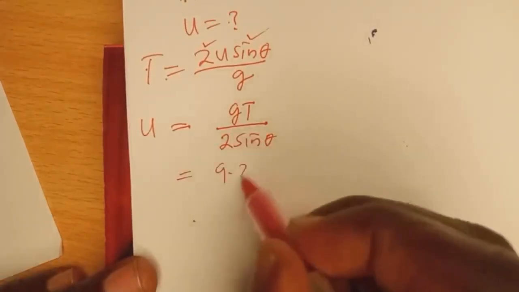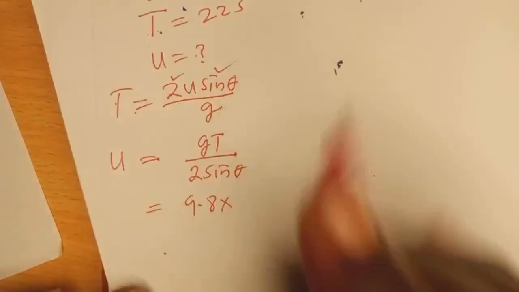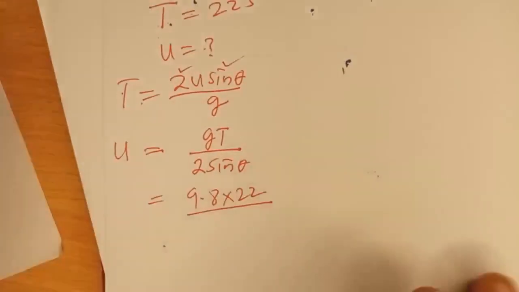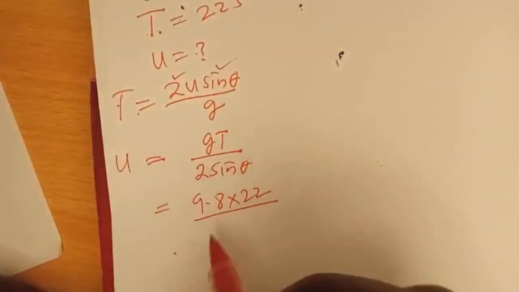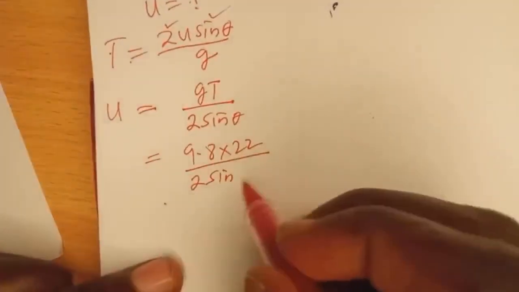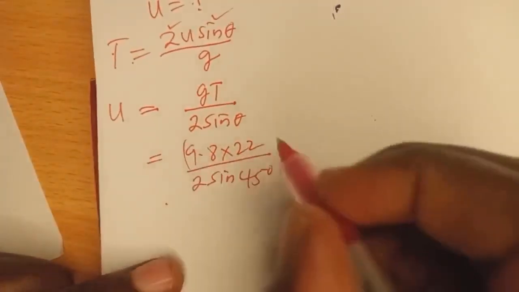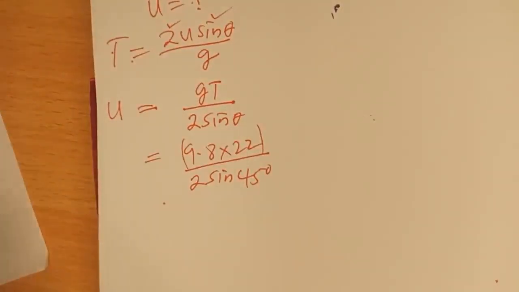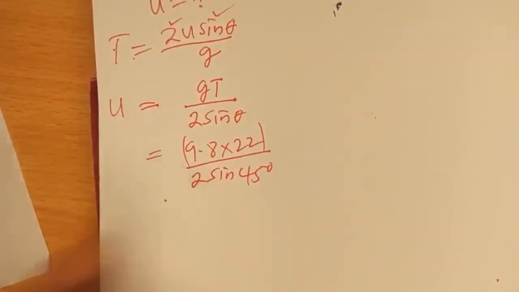Your g is 9.8 times the time 22, so I have 22 here, divided by 2, sine my angle, the angle given is 45 degrees, sine 45 degrees, open bracket, close bracket. So I will open bracket for my numerator, 9.8 multiplied by 22, close bracket, divided by 2 sine 45 degrees, and then I will press the equality sign.